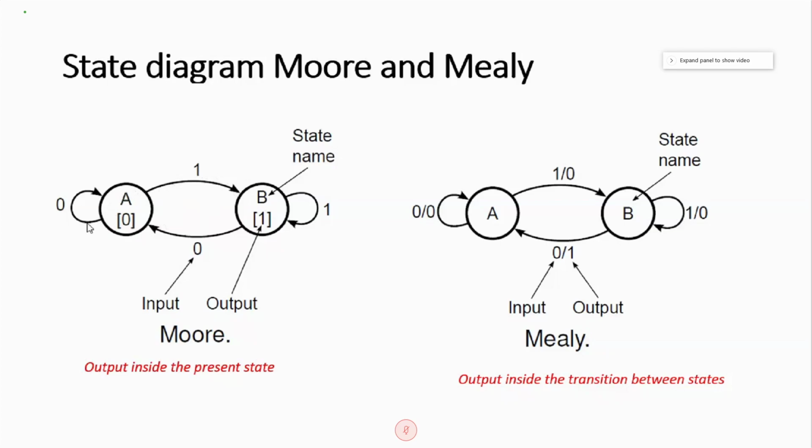If your input is 0, it will go back to itself, meaning the data is kept and the output is not triggered. Sometimes, to simplify the state diagram, for the 0 output you don't have to show it, but only for the 1 output you show it. Because when you don't have anything at the state, there is no output triggered. So only this one is emphasized. So here, if your input is 0, you remain in the state. If the input is 1, you move to another state when the clock comes.